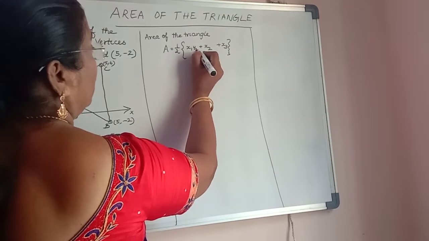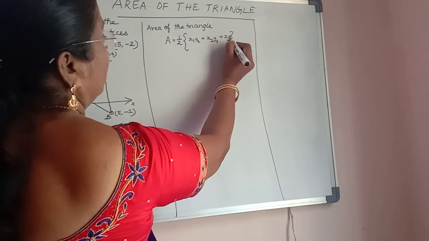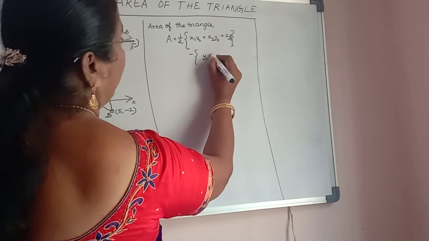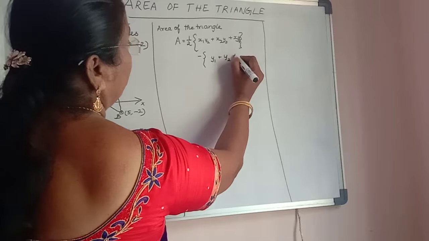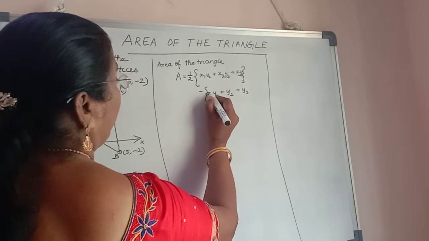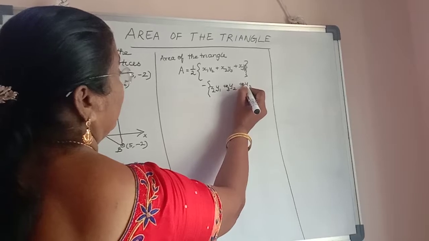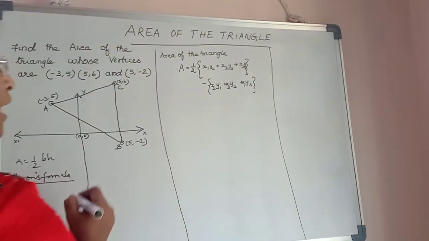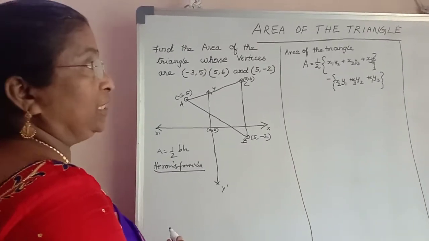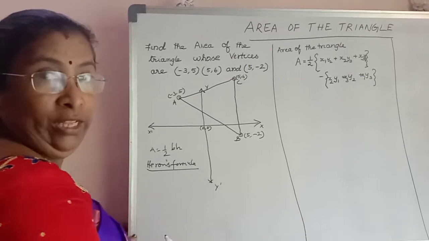It is y2. After y2, it is y3. After y3, it is y1. Minus. Now you write your y values, y1 plus y2 plus y3. So now you start with your x values, where again after y1, what is your next value? x2, x3 and x1. So now we have arrived at the formula A is equal to 1 by 2 [x1 y2 plus x2 y3 plus x3 y1 minus (x2 y1 plus x3 y2 plus x1 y3)].